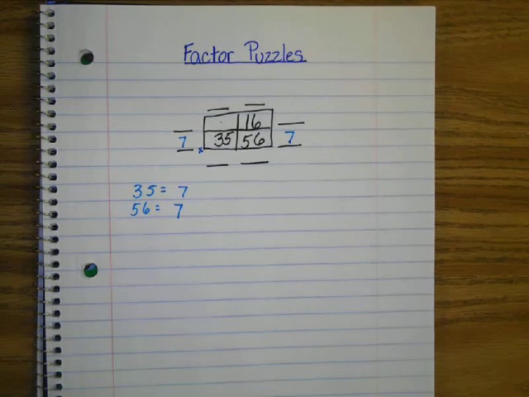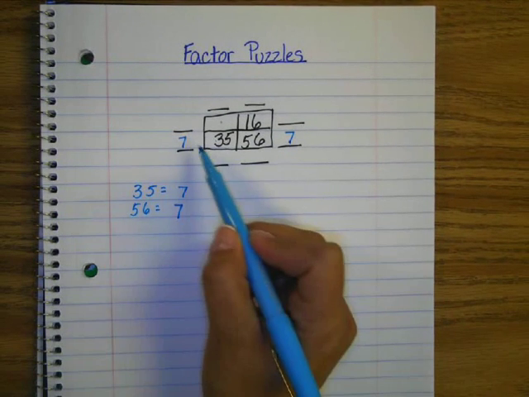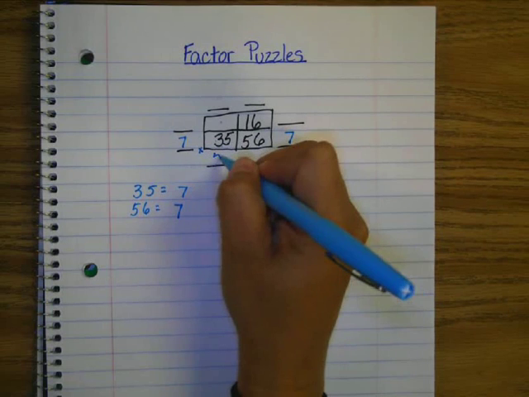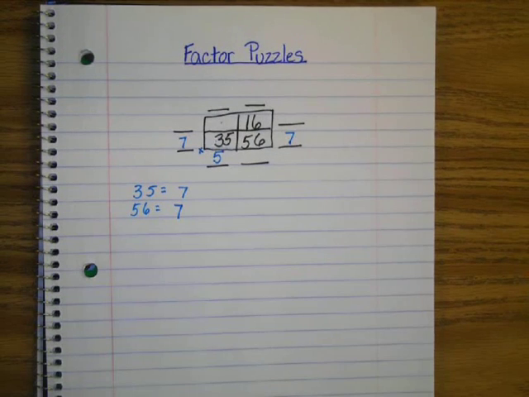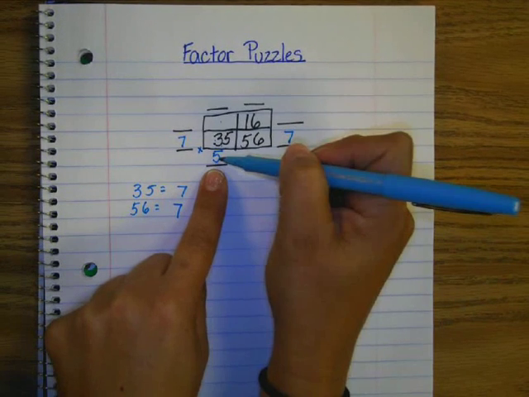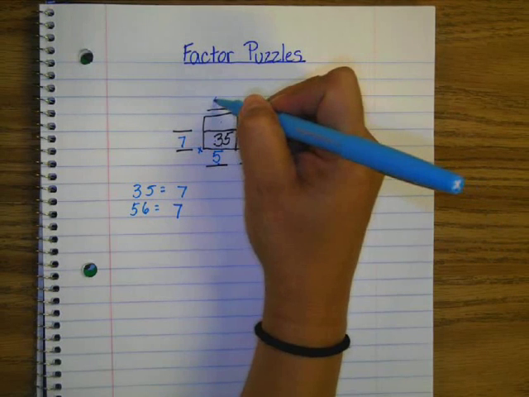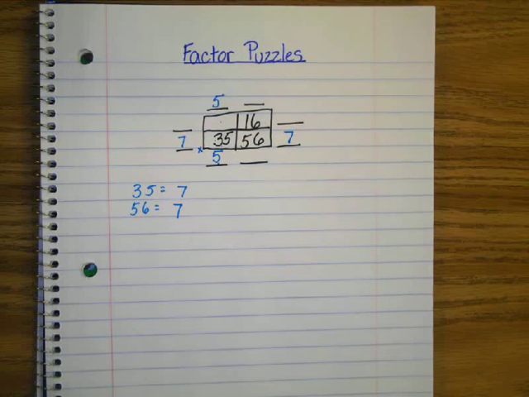Now, I'm going to pretend like there's a little multiplication sign right there. 7 times what is 35? 5. So I'm going to put my 5 right here. I figured out this 5, if a 5 goes here, it also goes straight above it.